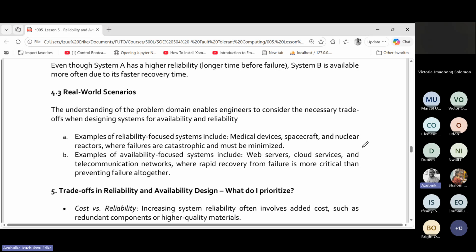Now, when you are employed to work on a system, these are the things that you need to have in your mind in order to develop not just a system that works, but a system that is available, a system that is reliable, and a system that is able to recover from fault quickly. Are there things that you need to put in place to make failure not catastrophic? You are going to put them in place.